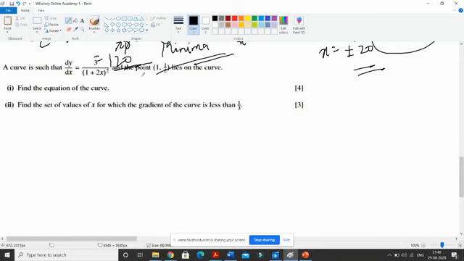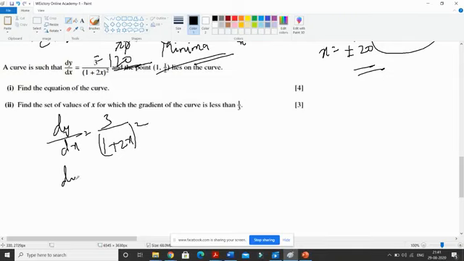So here dy over dx is given, and the point 1 comma 1 over 2 lies on the curve. Find the equation of the curve. So dy over dx is given and they're asking for the equation of the curve. You need to do the integration. Okay, dy over dx is 3 over 1 plus 2x whole square.